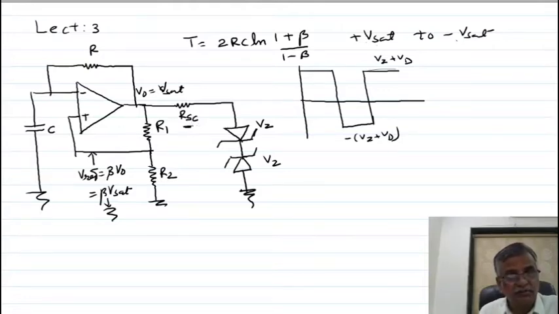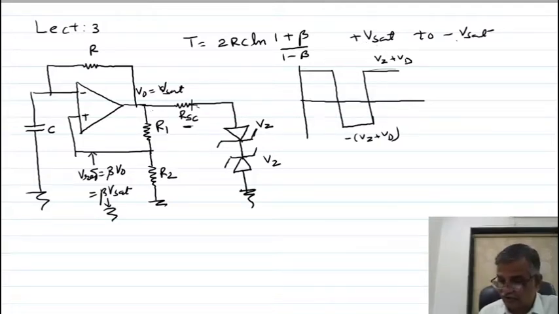This resistor puts a limit on the current drawn from the output terminal of the op amp.